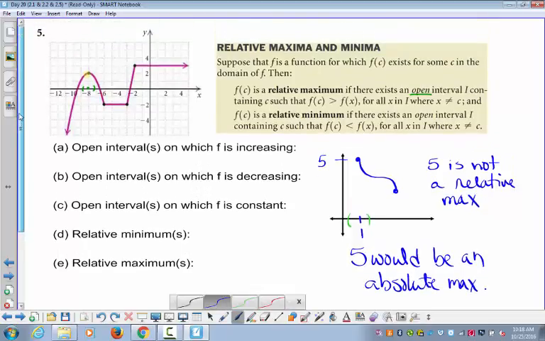Okay, so let's analyze this graph. Let's get this stuff off of there. All right, open intervals on which f is increasing. Minus infinity to minus 8. Definitely. Open interval, so we put parentheses, no brackets. And then it's also increasing here, so negative 3 to negative 2.